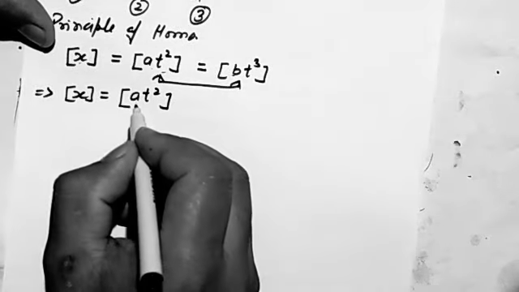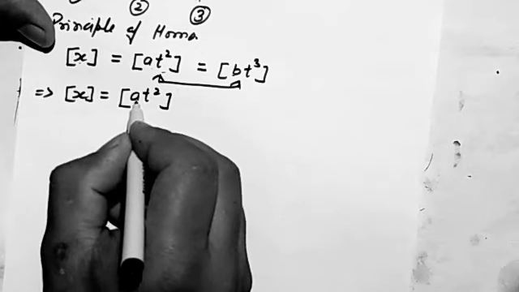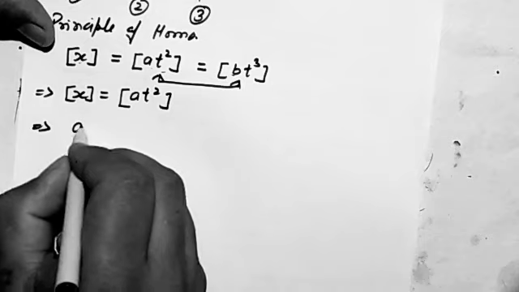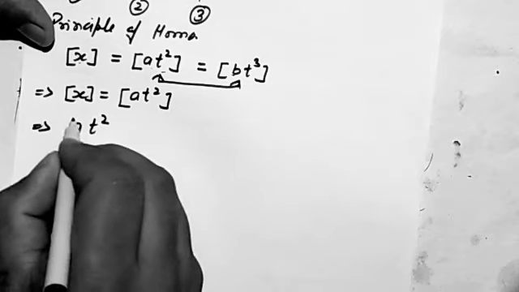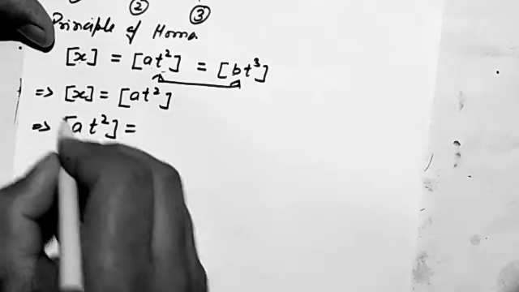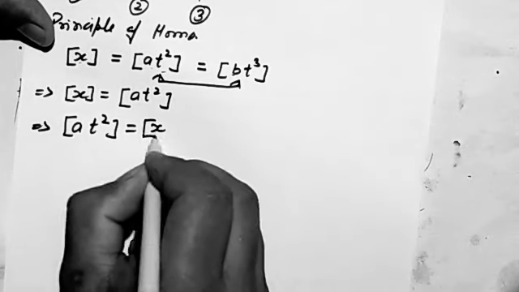Now we have to calculate the dimensions of A, so shift it towards the left side simply by exchanging the sides. Unknown quantities to be calculated are always written on the left side just by simply exchanging or shifting them.